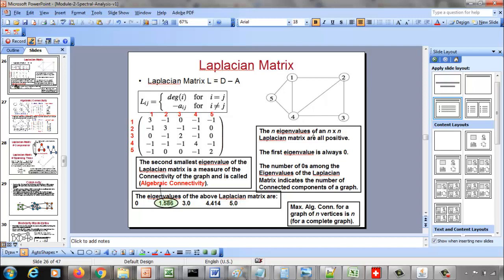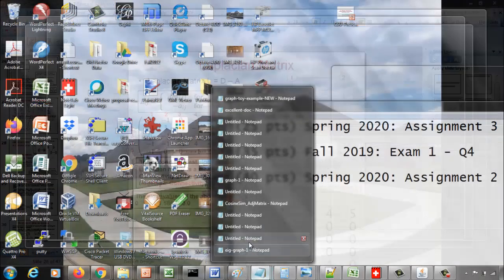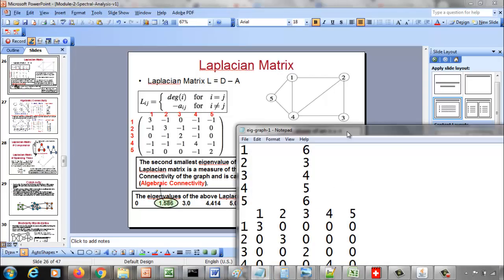And once you get the Laplacian matrix of a given graph, what you need to do is again feed this graph to your eigenvector matrix program. And you see here, you cannot get an adjacency list equivalent for a Laplacian matrix. You have to type this matrix, as I showed some time back. Let me type again.